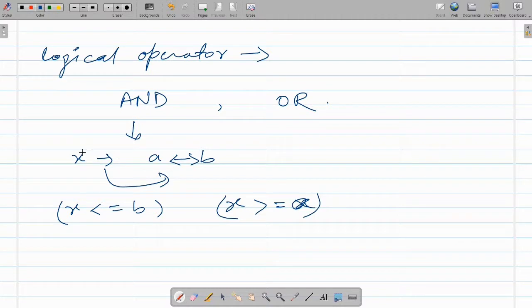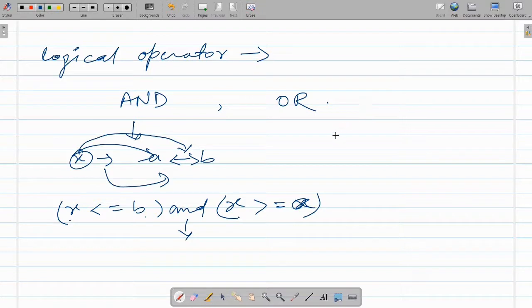The given number x will be within this range if the value of x is less than or equal to b and the value of x is greater than or equal to a. So if this number x exists in this range, then both the given conditions have to be satisfied.